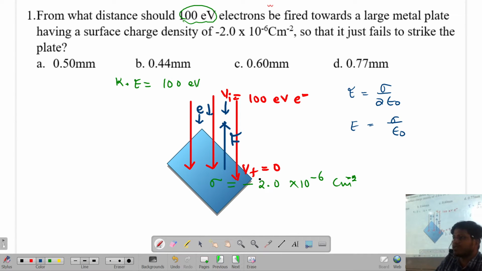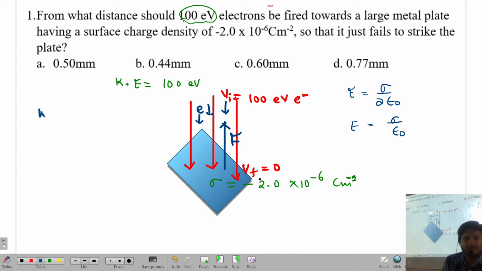Should I apply the work energy theorem? What does the work energy theorem say? Work done is equal to change in kinetic energy, that is, final kinetic energy minus initial kinetic energy.